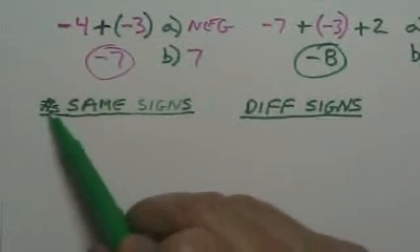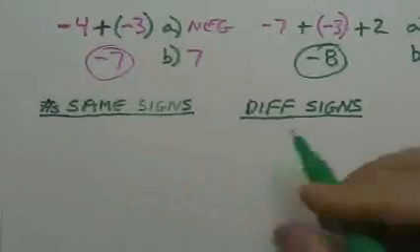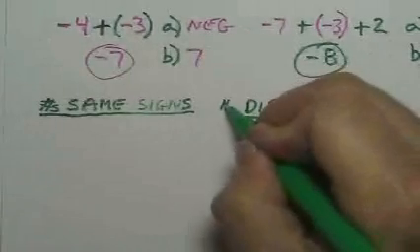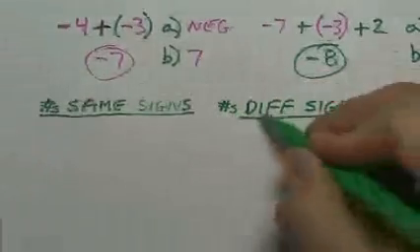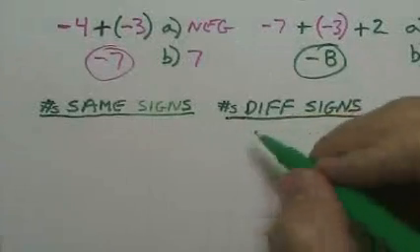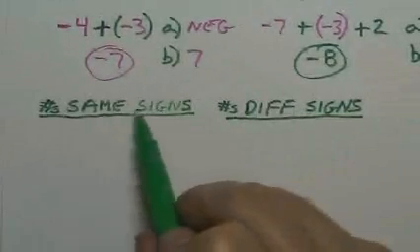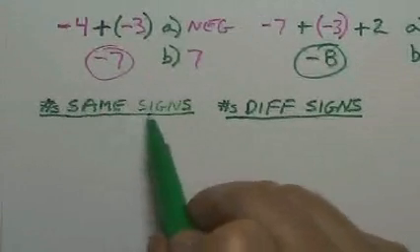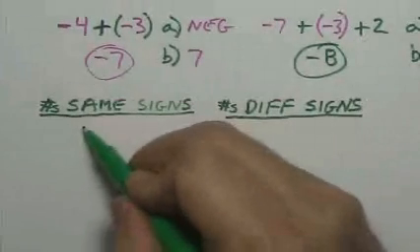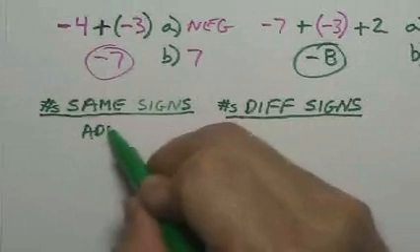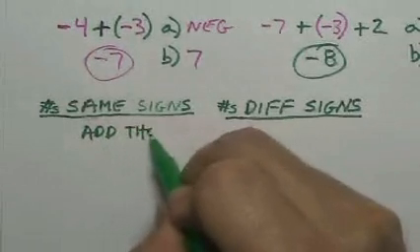Okay, so when we have numbers with the same signs, or numbers with different signs, there are two different rules. If numbers have the same sign, add them.